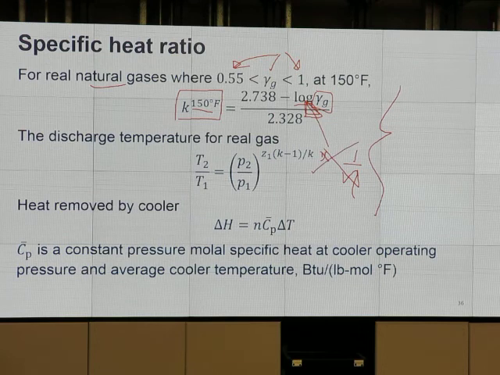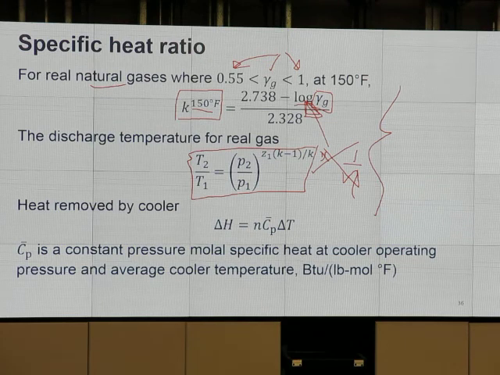But this equation is for the ideal case. So for theoretical discharge temperature, without considering the compressor that we use, we get T2 over T1 equal to the ratio of pressure to the power of (K minus 1) over K. So we can tell the discharge temperature directly if we know the compression ratio.